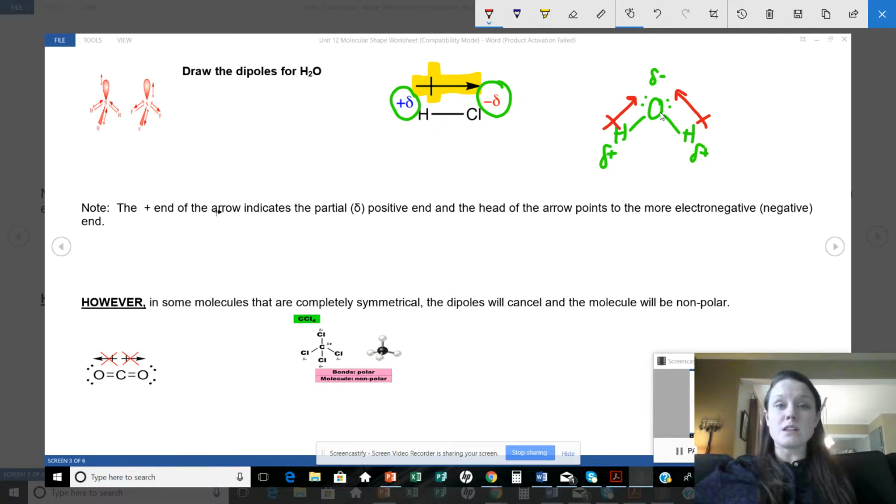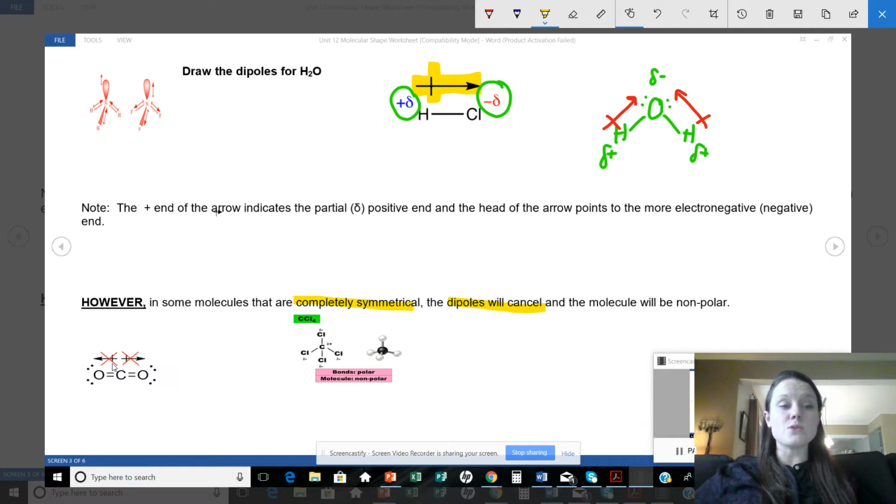So now in molecules that are perfectly symmetrical, we're down here now, okay? In molecules that are completely symmetrical, the dipoles will cancel, okay? Great example is carbon dioxide. In carbon dioxide, the bond between the carbon atom and the oxygen atom is polar.